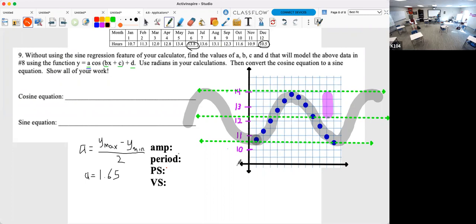Now, what else can we figure out from A, B, C, and D just from the y values? D, right? D is the middle one.